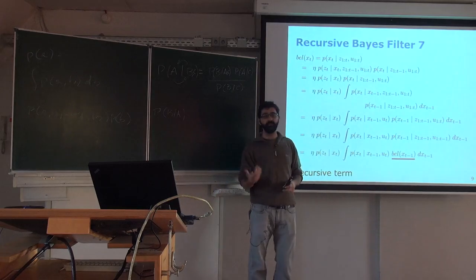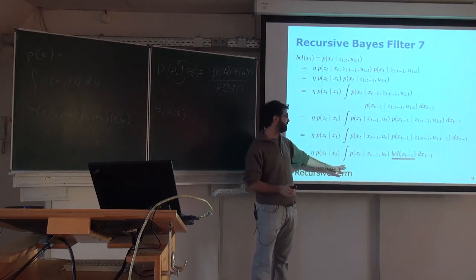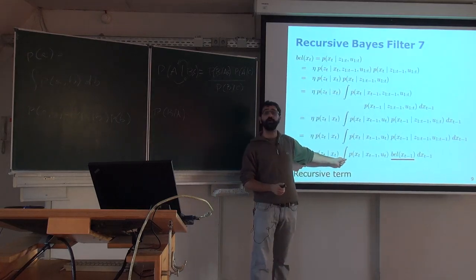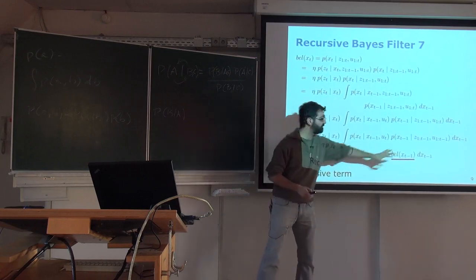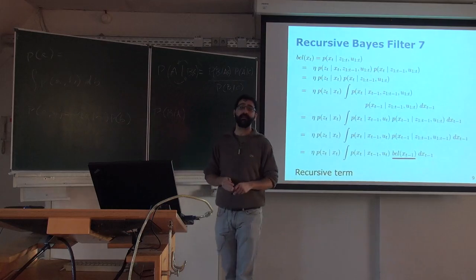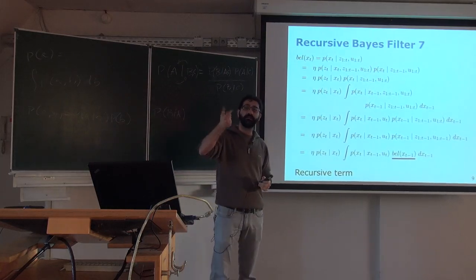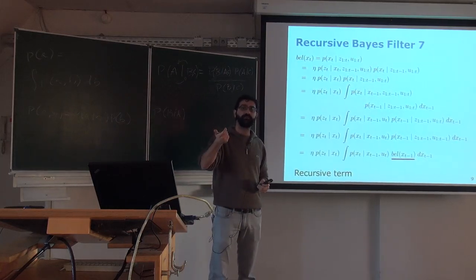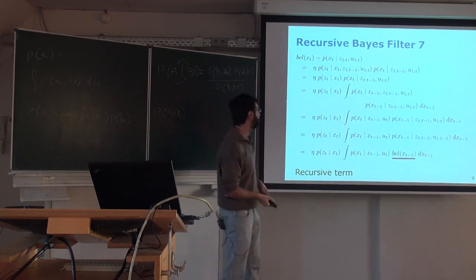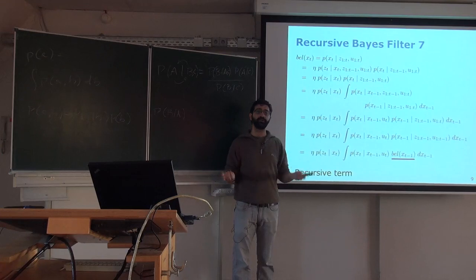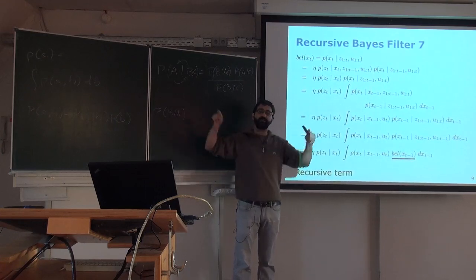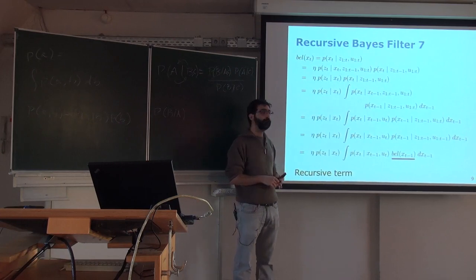And for some of these analytic functions, there exists a closed form solution for this integral. And then all these steps are nothing else than the update of the parameters of these analytic functions. Okay? This is the case when we use, for instance, Gaussian or normal distributions, with this nice bell-shaped function there.